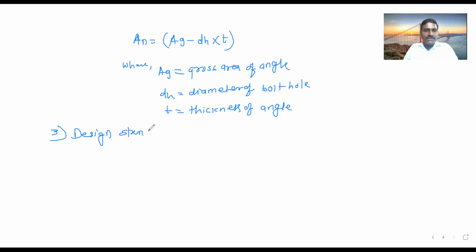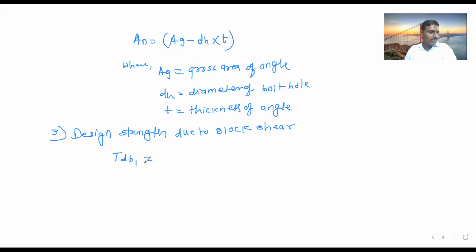So third, design strength due to block shear. There are two design strengths for block shear. One, TDB1.